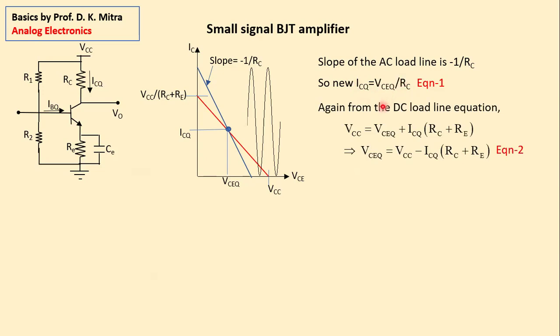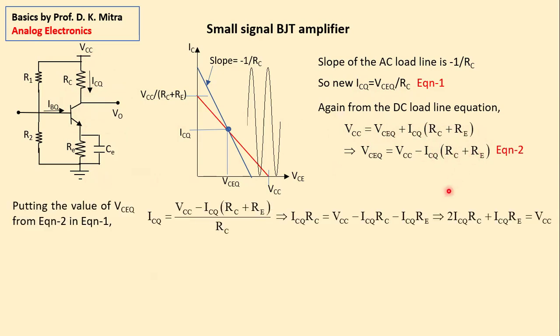Also, from the DC load line equation, VCC is equal to VCQ plus ICQ into RC plus RE. So VCQ is equal to VCC minus ICQ into RC plus RE.